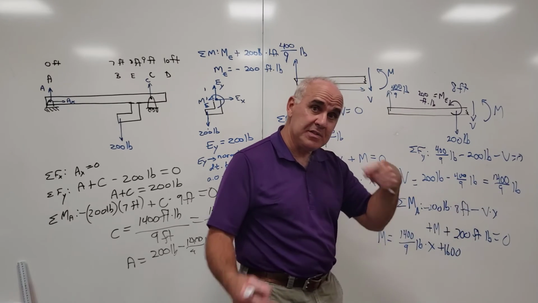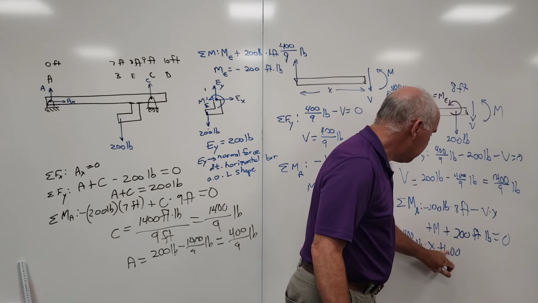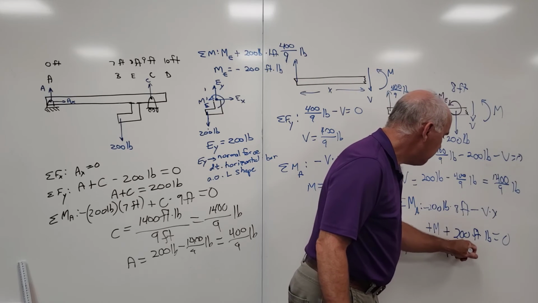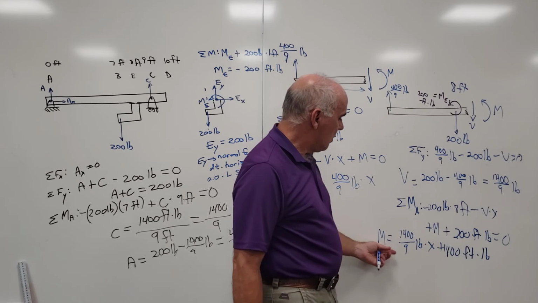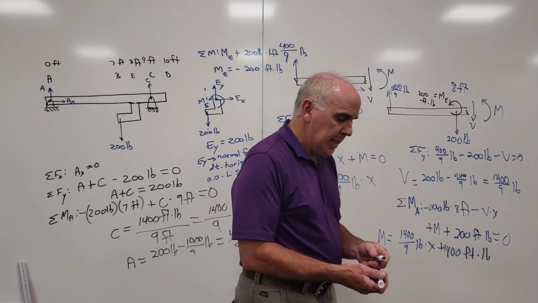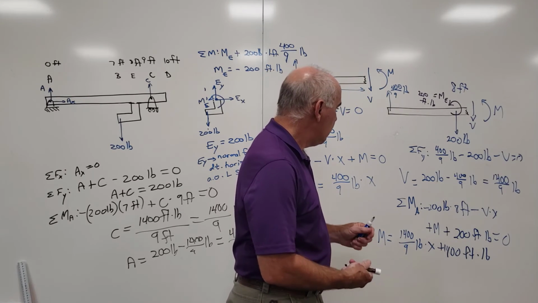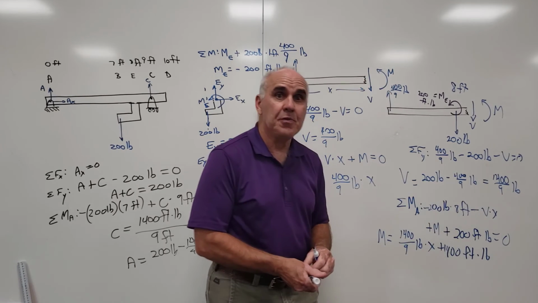Well, actually, that'll be minus because it's going to the other side. So 1600 minus 200, and that's going to give me 1400 foot-pounds. And so my moment is equal to the slope times x plus that constant. And again, you'll notice if I do the derivative of the moment, I get the shear force.